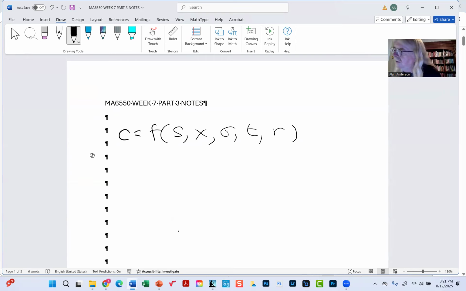And the same thing is true for puts. What is different though is the actual results of these calculations in most cases are a little bit different. And in some cases the signs are different, but they're both functions of the same exact factors.